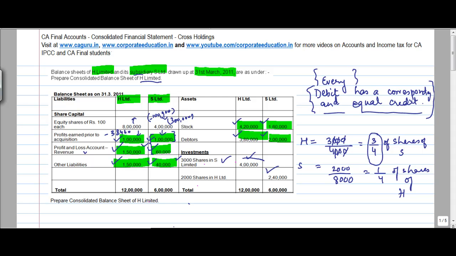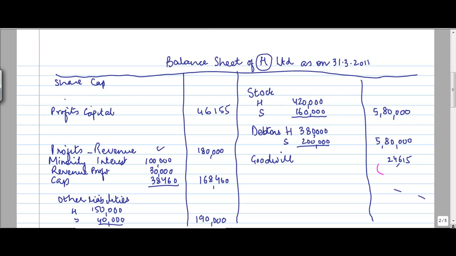Well, from my investments, I reduced 2 lakh of nominal value. So even when I put in my share capital here, which is 8 lakh, whatever is held by S Limited, I reduce it from here.